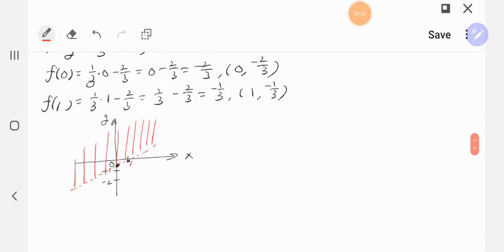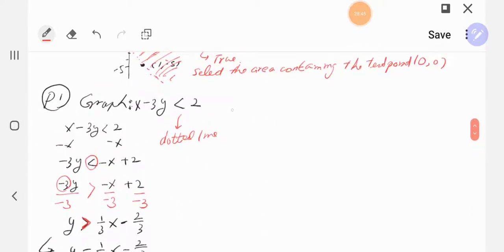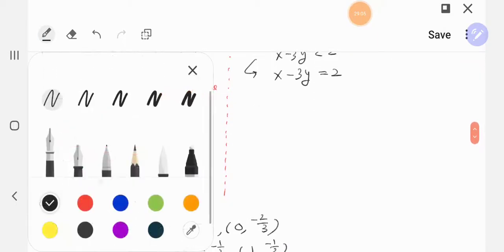All right, let's try another approach, which is testing a point. So x minus 3y is less than 2. From here, let's make it an equation first so that we can find 2 points.